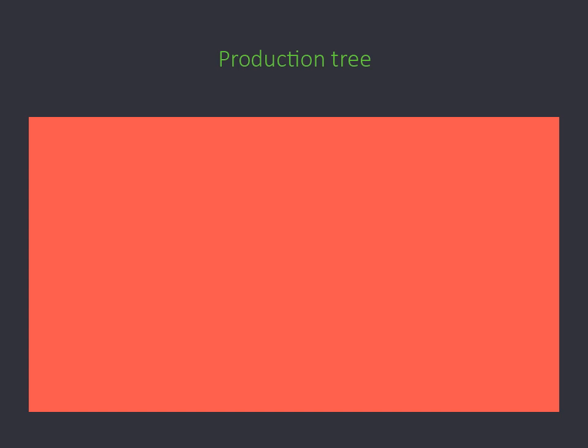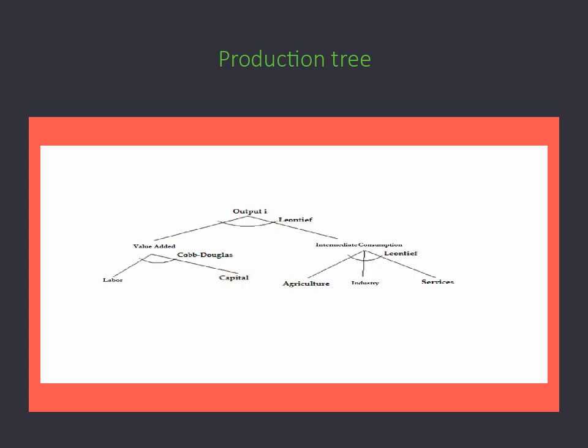So CGE modelers are used to represent production with a tree. The top summit of this tree is the level of produced output, and this volume of output is obtained from value added, that is to say primary factors, and also intermediate consumption.